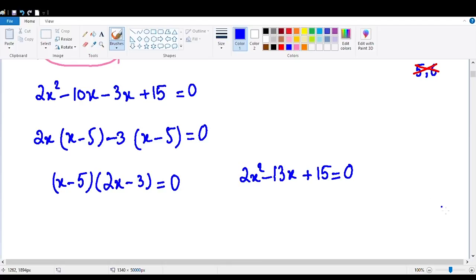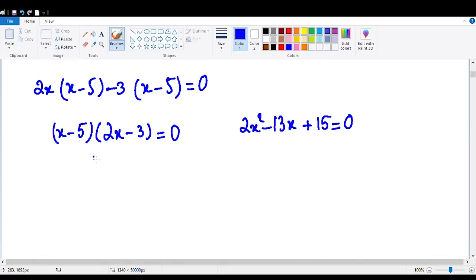And yeah, now these two are the factors of this equation. That means that if we multiply them, we get this equation back. And they both equal 0, this equation also equals 0, just saying. So yeah, it's true. And now, what the equal sign is telling us is that their product is 0. So that means one of these factors has to be 0, but we don't know which one.